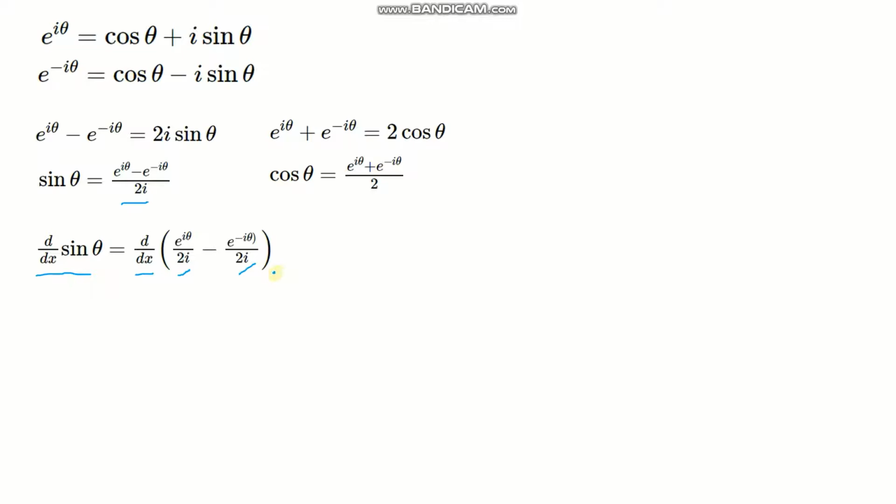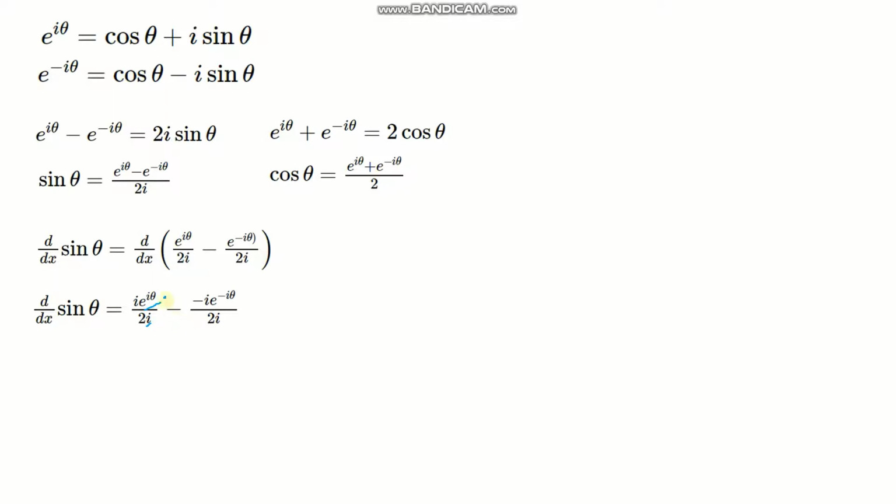Since e to the i theta is an exponential, its derivative is the same, multiplied by the derivative of its exponent. So the derivative of e to the i theta over 2i is e to the i theta times the derivative of i theta, which is i, and the denominator is constant, so it remains the same.